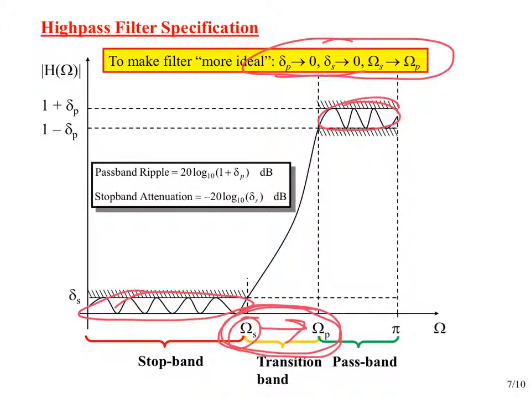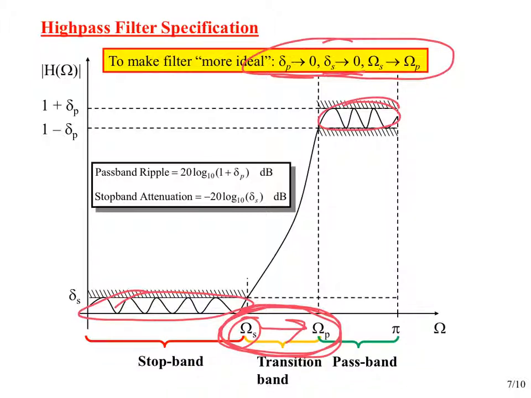The narrower you make that transition band, even if you allow delta P and delta S to be fairly large, trying to make the transition band very, very narrow will cause some real big challenges in meeting those specs. In FIR filters, we'll see that the length of the filter has to increase significantly as the transition band is decreased. Likewise, for IIR filters, the filter order will have to increase significantly.